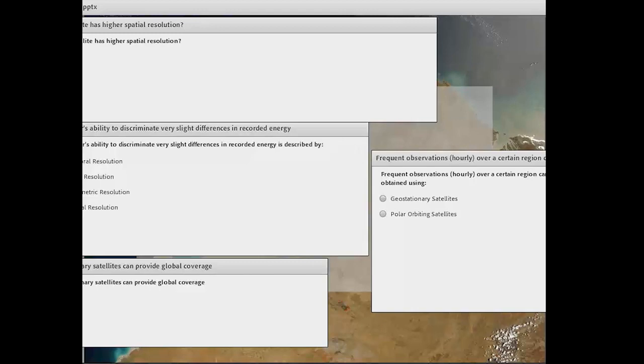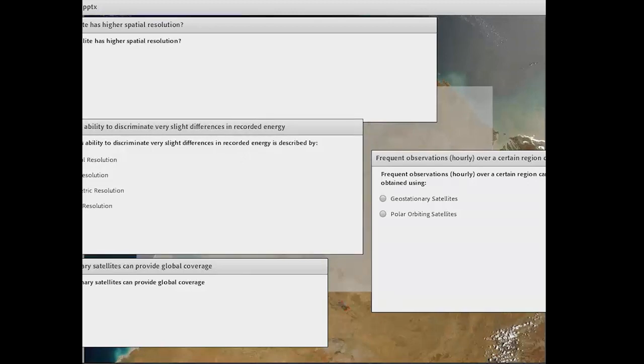Landsat has higher spatial resolution. Its current data has 30-meter resolution, whereas MODIS is 250-meter resolution. So the correct answer is Landsat. Although we do not use Landsat for air quality applications, sometimes you can use it for surface mapping.